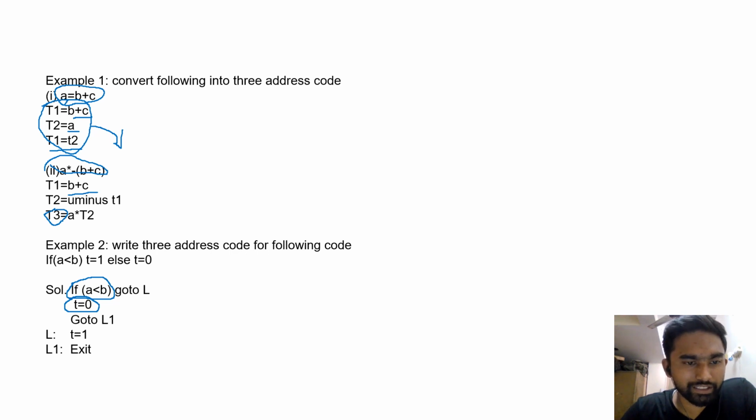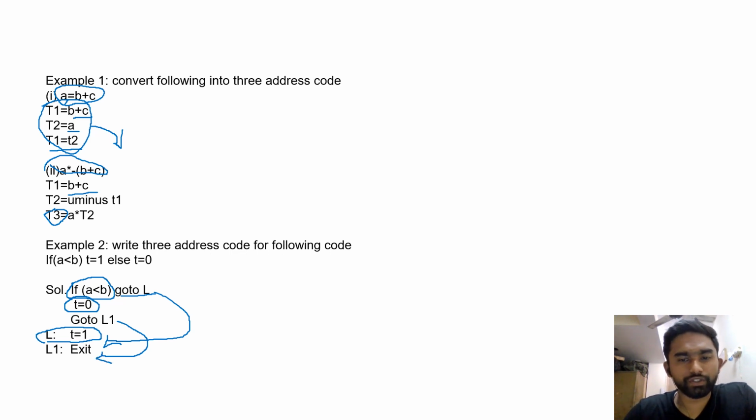If this condition is satisfied, it will go to L, and at L we have defined t = 1. So if this condition is satisfied, it goes over here to this instruction. If not, t = 0, go to L1, then exit. So in this way, an if and else statement works in 3 address code.